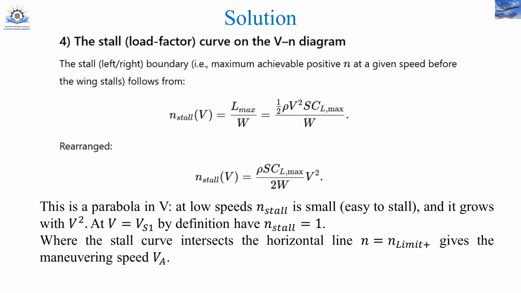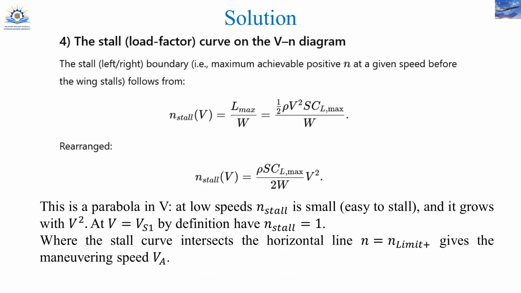The stall load factor on the VN diagram, how can we find n stall, that is, n at stall velocity? This is equal to L max divided by weight.